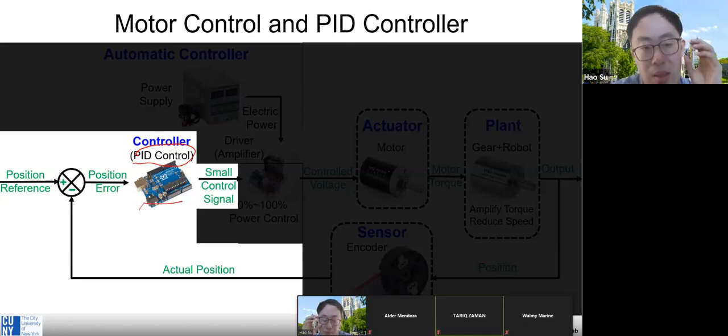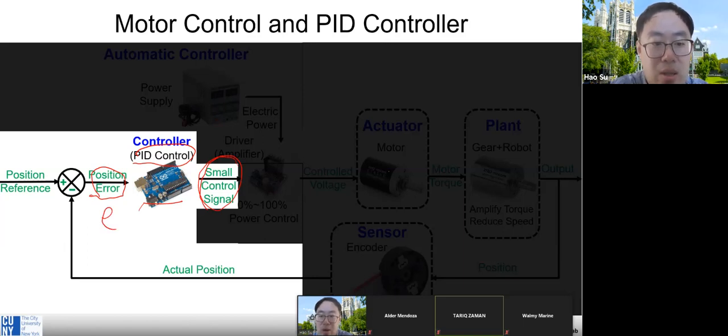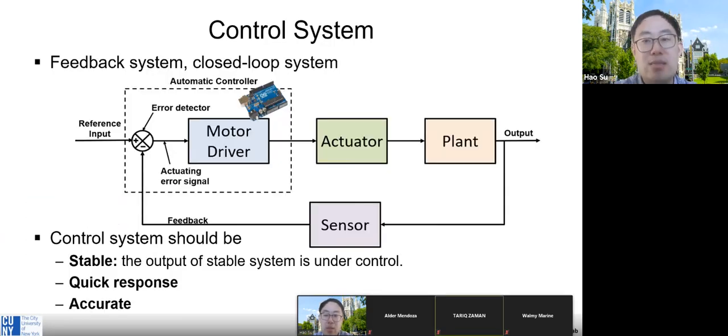From this diagram, you can see the input is an error, and the output is a control signal. We want to find a mapping from the error to this control command. That's the goal for our controller.